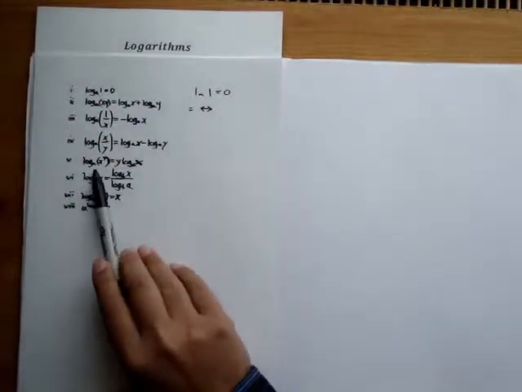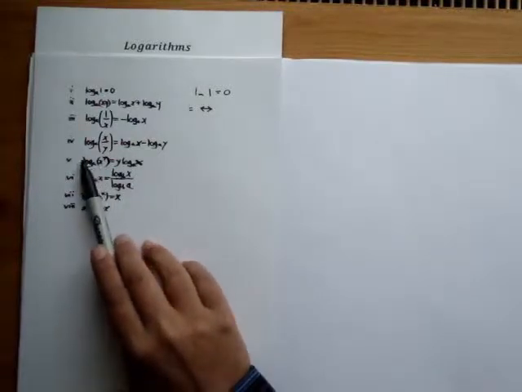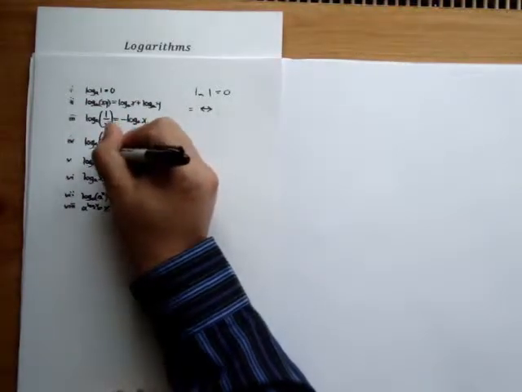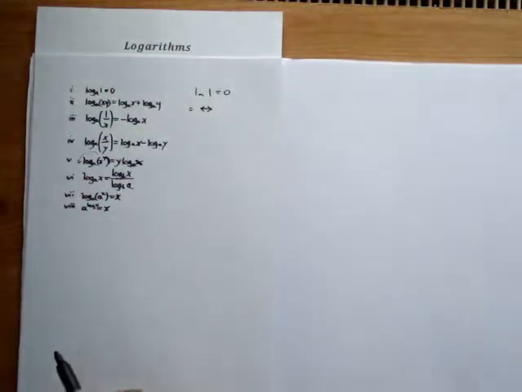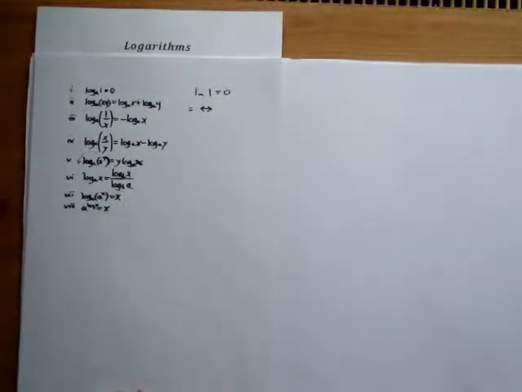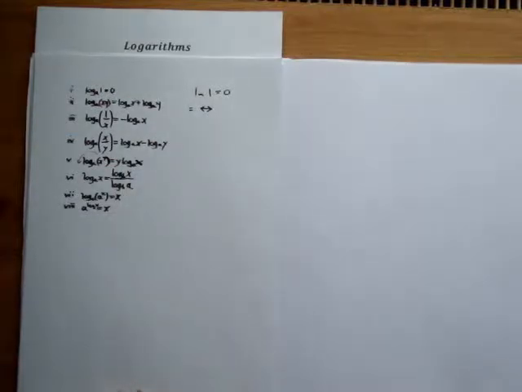Here we have the log of a power. We can bring the power down. So usually I do that like an arrow. We bring the arrow down, and this becomes y log of x. This is the change of base formula.